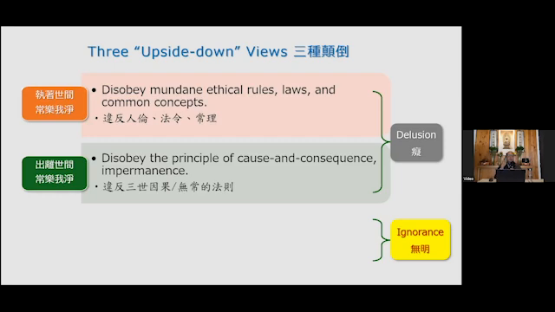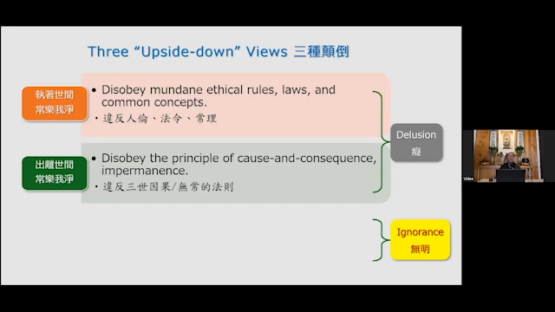If you have this upside down view and try to grasp mundane happiness, to own the mundane happiness and all that, you generate upside down view and you do a lot of bad things, and that's your delusion.